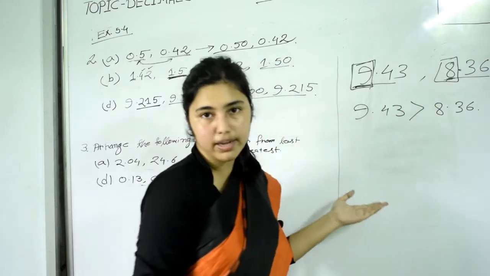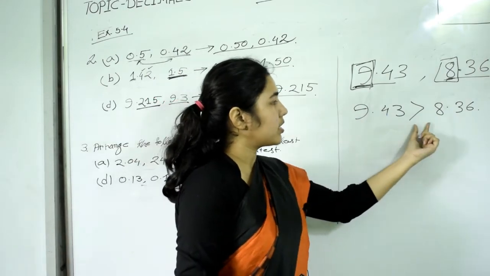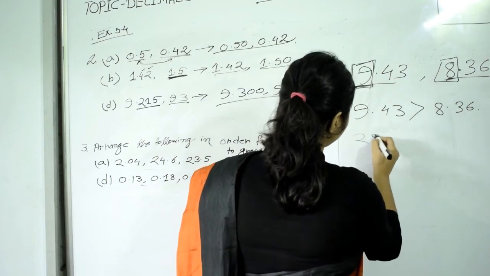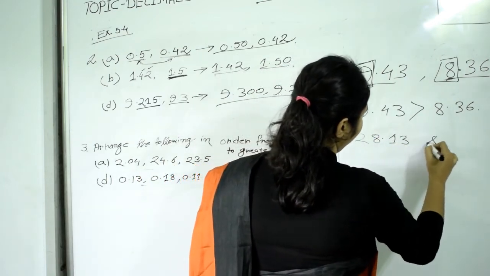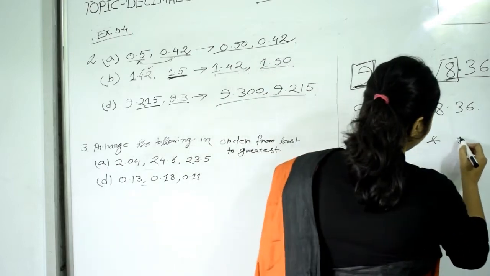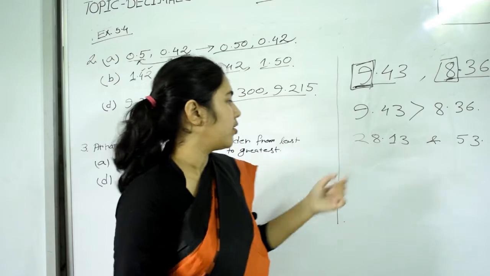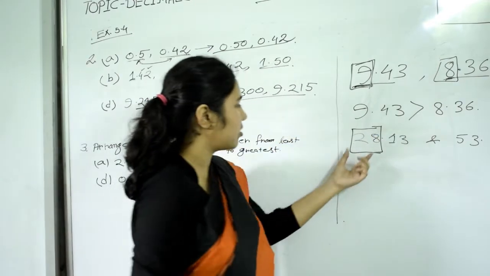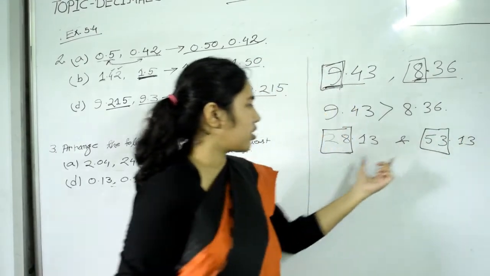Clearly, we know that 9 is more than 8, which means 9.43 is greater than 8.36. Similarly, if we consider 28.13 and 53.13, the first step is to consider the whole number part from these two numbers.